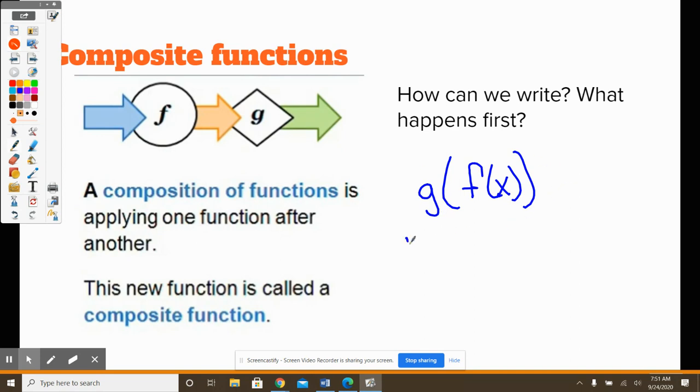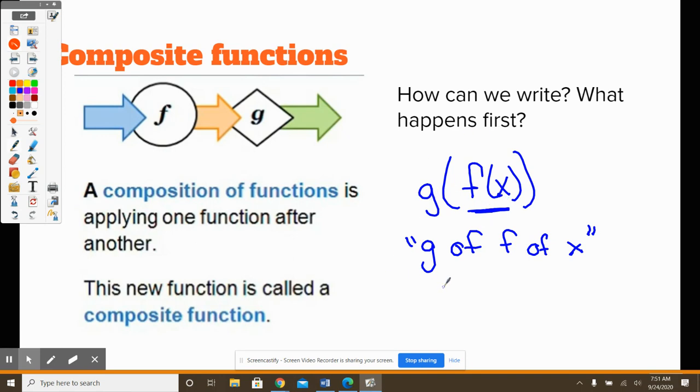This is the way we read this: G of F of X. Start here, get an answer, then plug it into G.